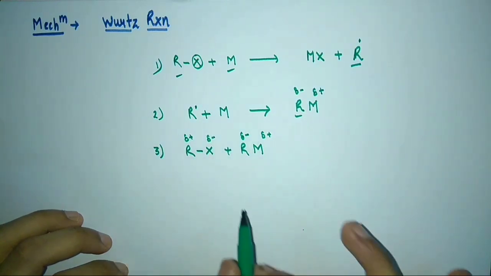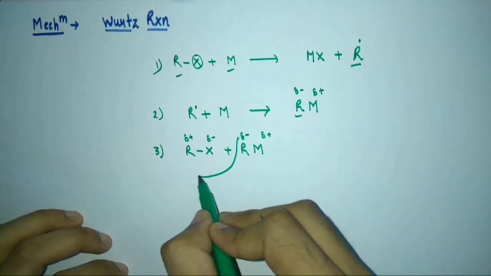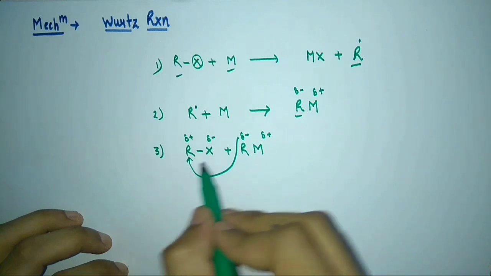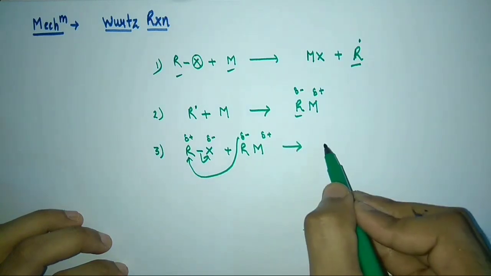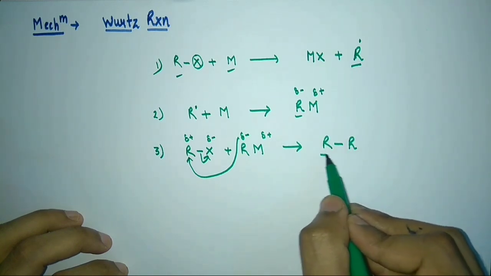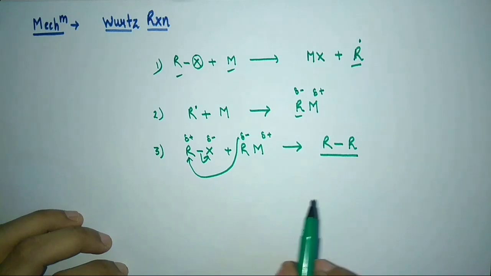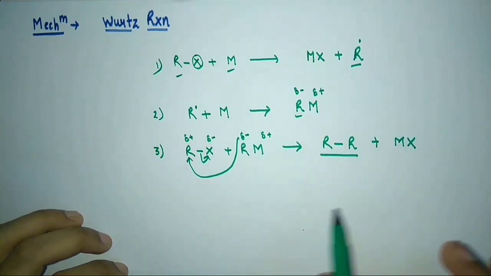So this is the normal nucleophilic substitution reaction in which this group migrates to this carbon and the halogen atom leaves with its bonding pair of electrons. The corresponding alkane with double the number of carbon atoms is formed, and MX is released. So this is the mechanism of the Wurtz reaction. Hope you understand.